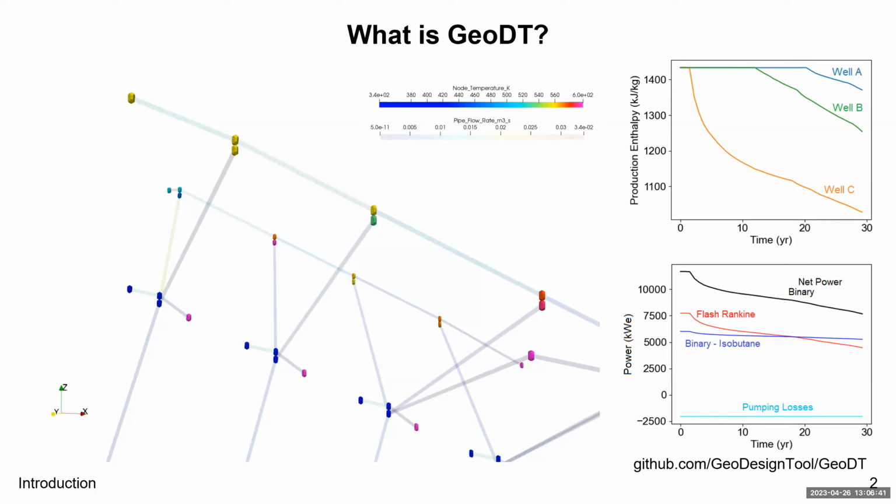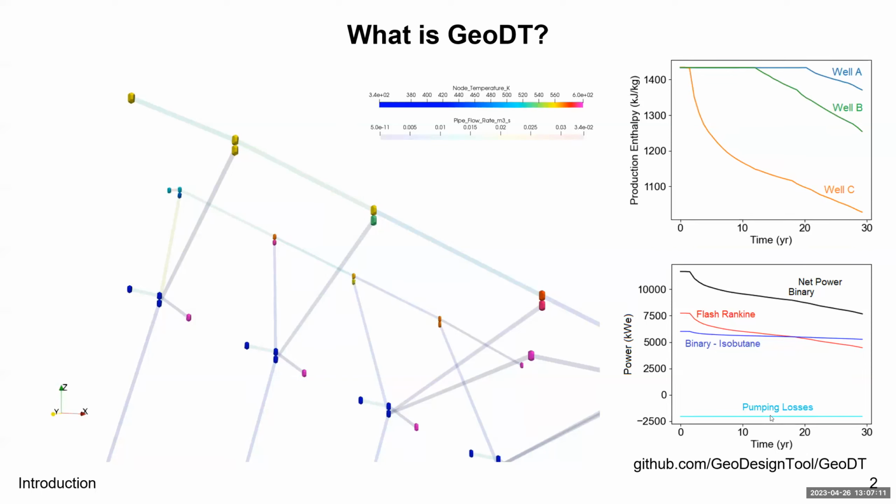On the top right, you can see an output in terms of a time series that is showing the enthalpy from each of the production wells, which in this case there are 3, over time. On the bottom right, you can see the electrical power production based on those fluid enthalpies over that same duration of time. And you can see it broken down by the power cycle that's being used. In cyan, you can see the pumping losses.